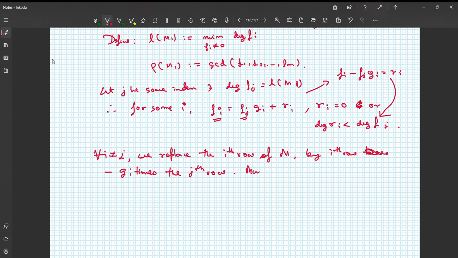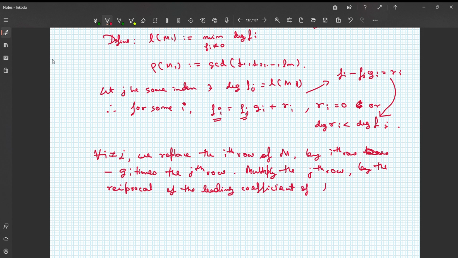Further reducing, what we do is we multiply the jth row by the reciprocal of the leading coefficient of fj, in order to make it a monic polynomial fj, and then interchange row j and row 1.